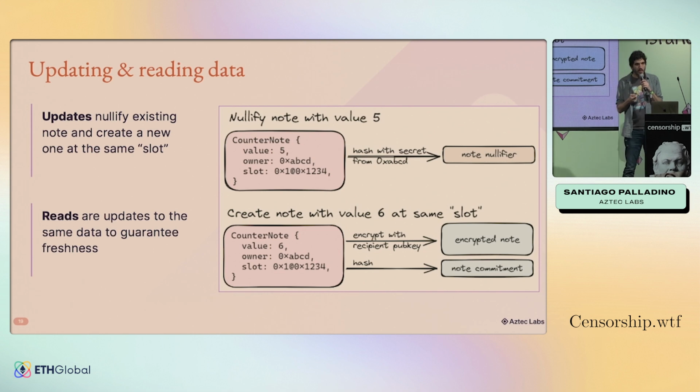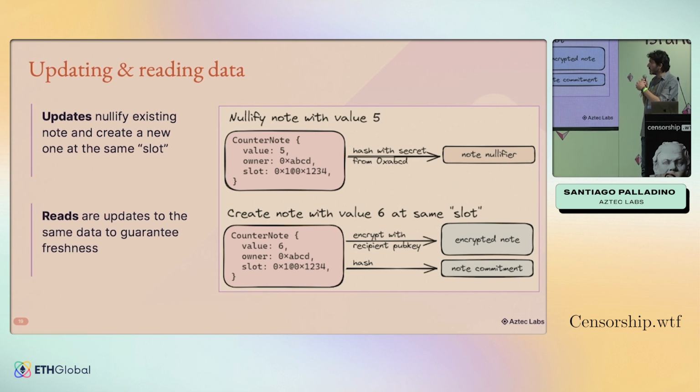That means that the only way to ensure that they have a fresh version of state is by consuming it and generating it again. If they happen to be using an old version of state, they would be emitting a nullifier associated to that piece of state. It will already be in the tree, and it will be registered as a double spend, which is the only other condition we have for validity for transactions. Transactions are zero knowledge proofs and are valid as long as that proof is valid and there are no duplicate nullifiers.